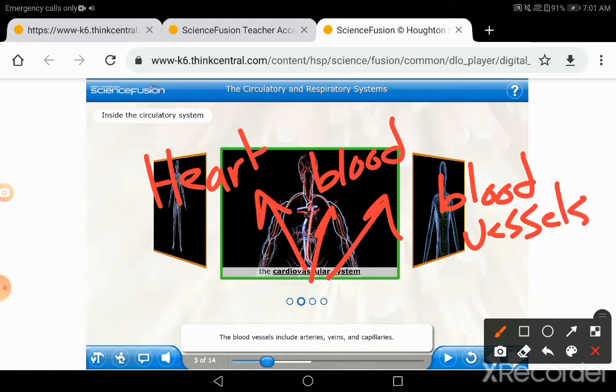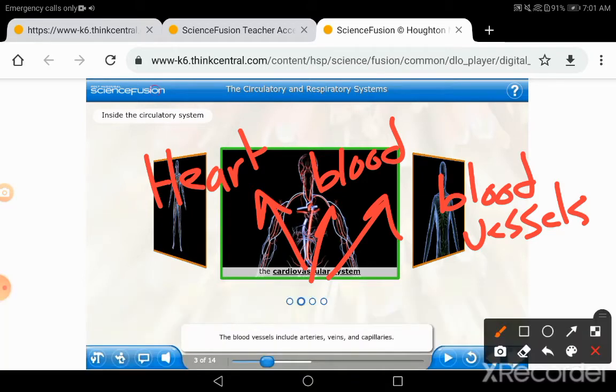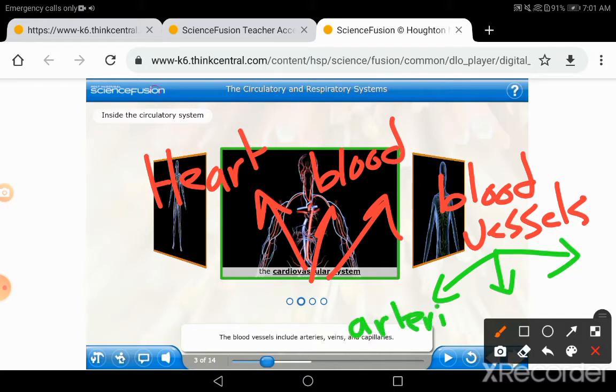Now, they mentioned as well that blood vessels are three types, which are the arteries, the veins, and the last one is capillaries. Okay, they're mentioned here.